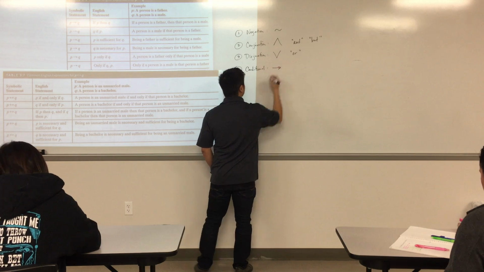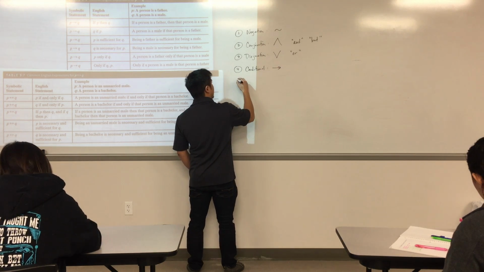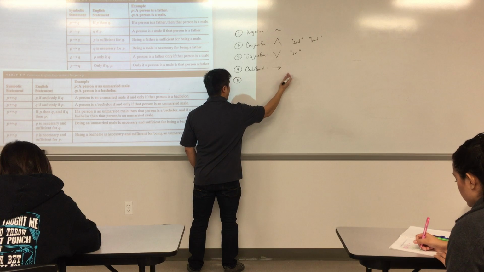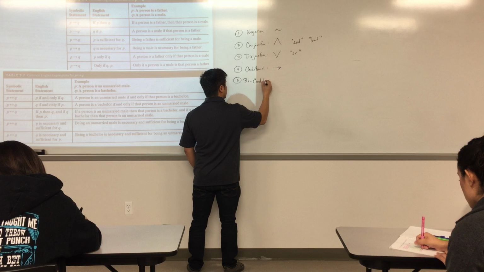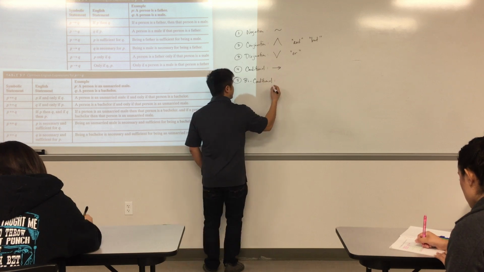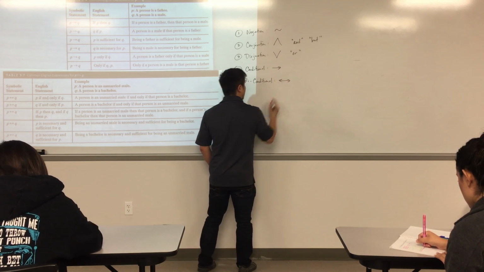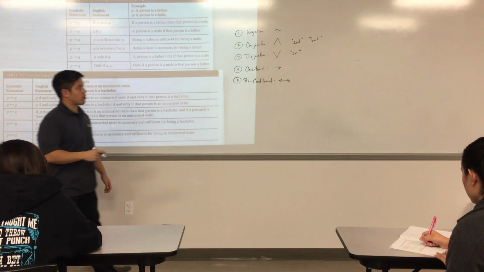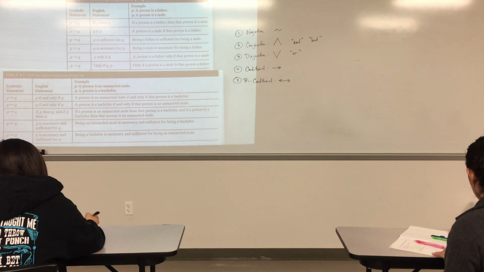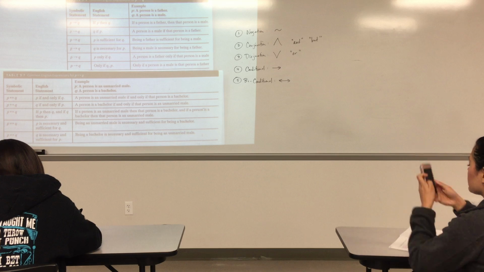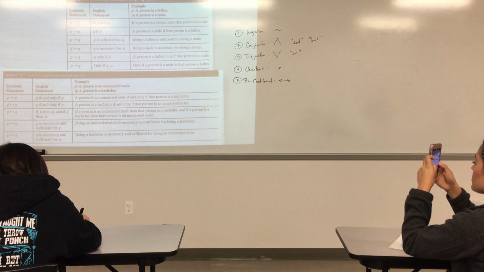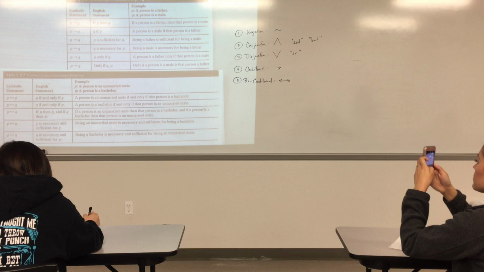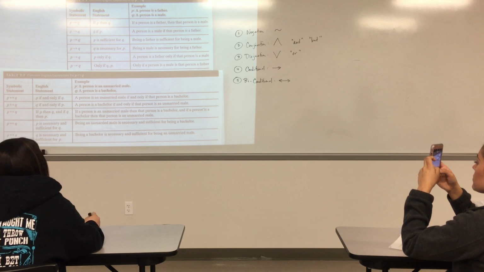Conditional statements that are symbolized using an arrow in one direction, left to right, and biconditional statements, which have a symbol as a double arrow back and forth. Okay, so if you need to, go ahead and take a photo. This is very, very important, absolutely necessary for you to be successful. You will need to remember these charts, the relationship between words.